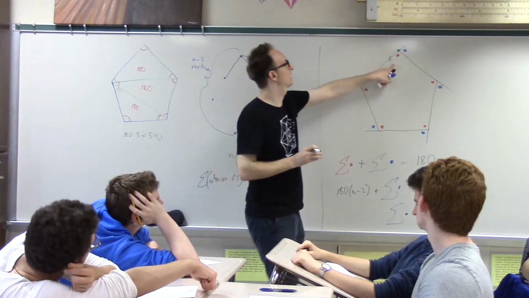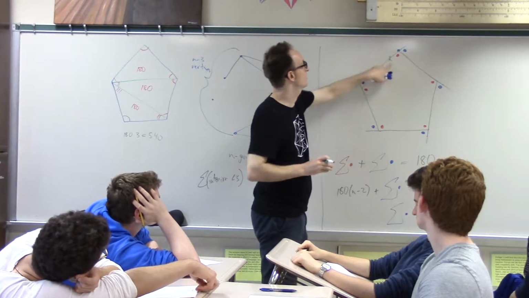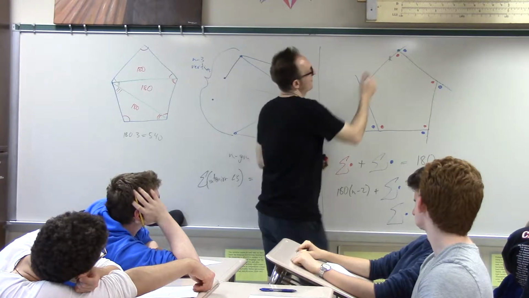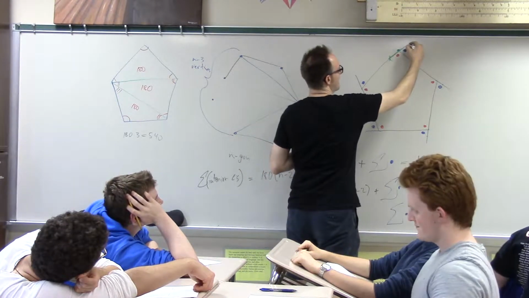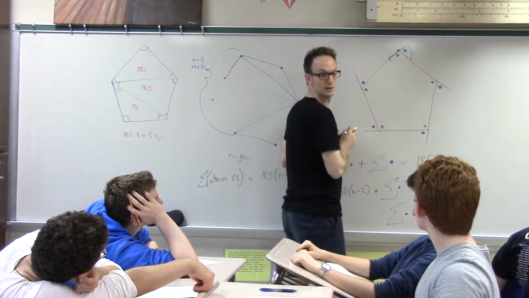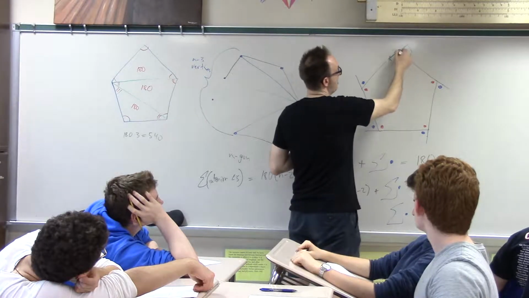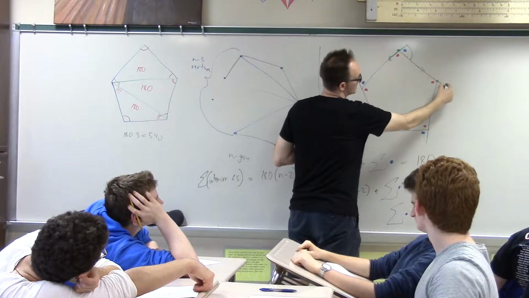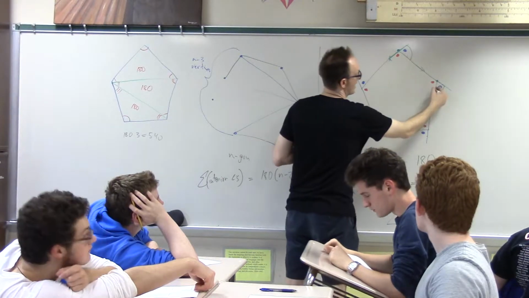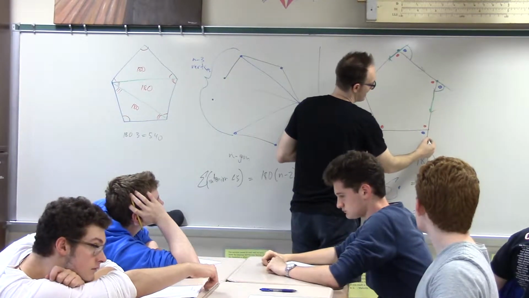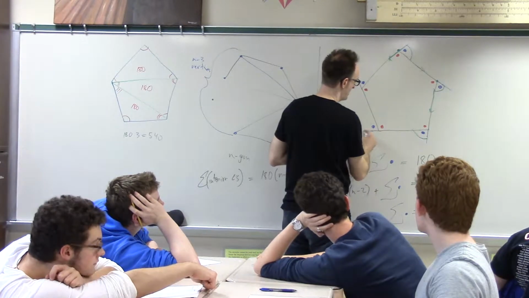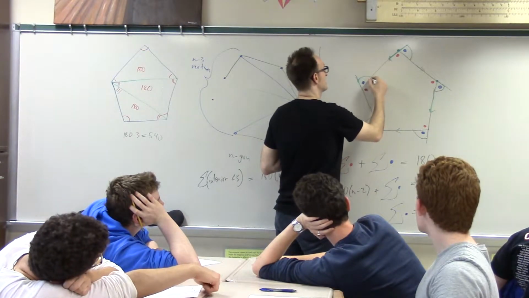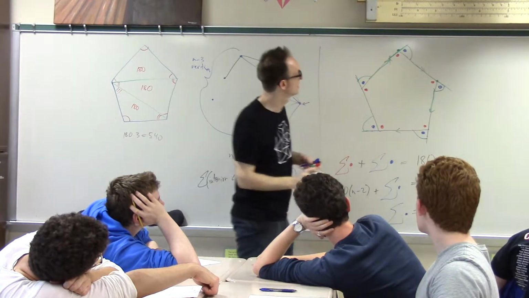If I'm here, and let's say I'm in a car or something, it doesn't matter, then I turn by a certain amount. So I perform a turn, and now I go this way, and then I get here, and now I turn again. And then I go this way, and then I turn, and I go here, and then I turn, and then I walk back to where I started.